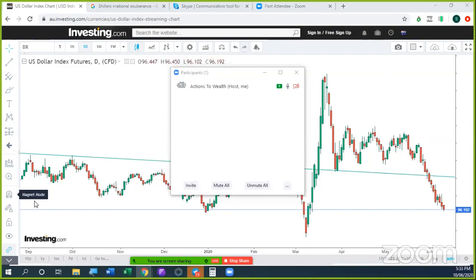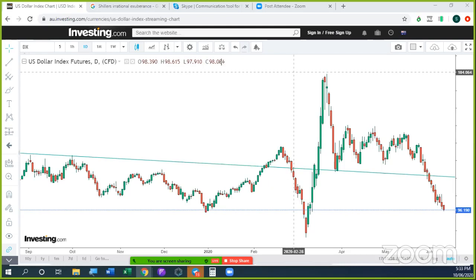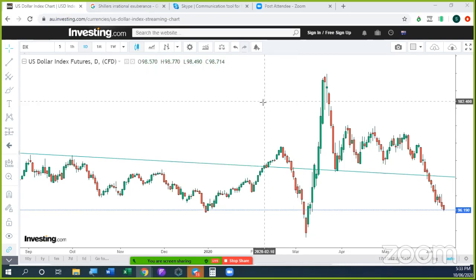Okay, so my theory was that we would see a retracement on the US dollar versus a whole bunch of currencies, right? And those currencies obviously are the 7 majors. That's how the dollar index is judged.